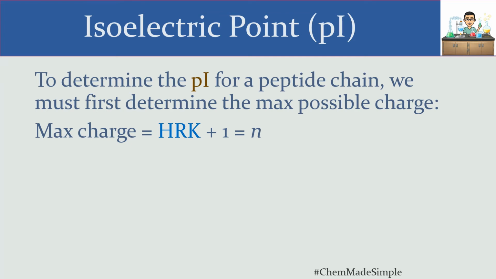The only things that give us positive charge are the N-terminus and Hercules, H, R, and K. I'm adding a 1 here because every single peptide chain has an N-terminus, and then depending on how many histidines, arginines, and lysines you have, those are going to carry a positive charge as well. So the maximum charge on our entire peptide chain is found by counting the number of instances of histidine, arginine, and lysine, and then adding 1 to account for the N-terminus.